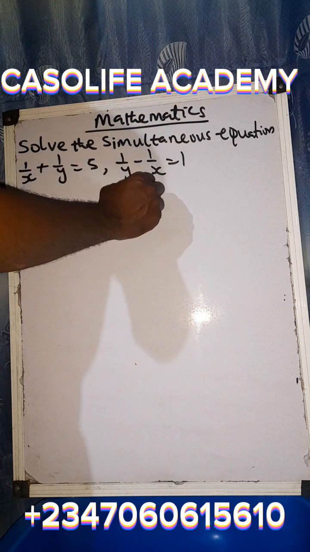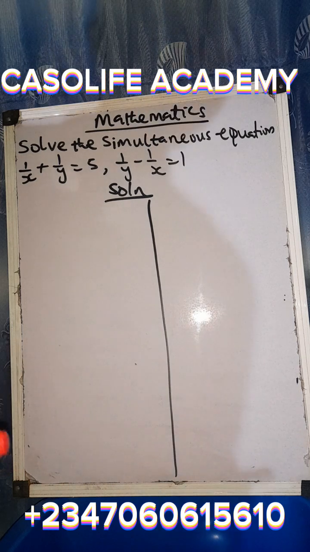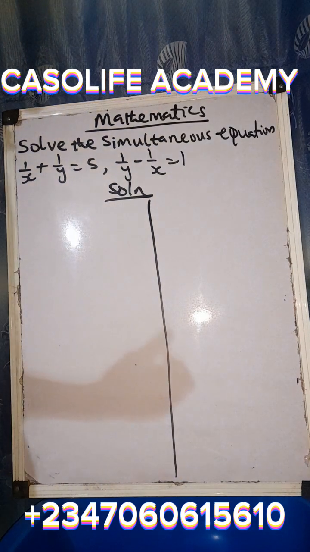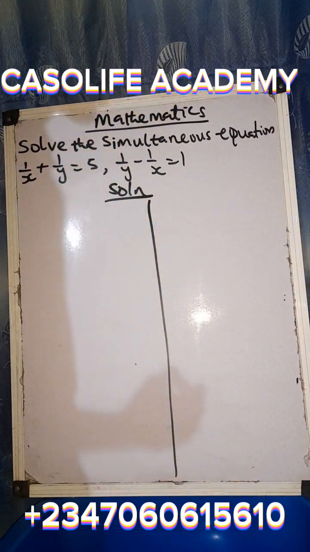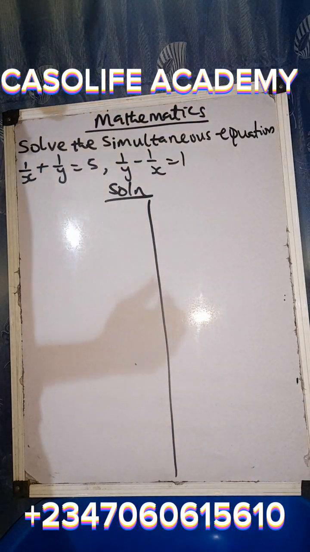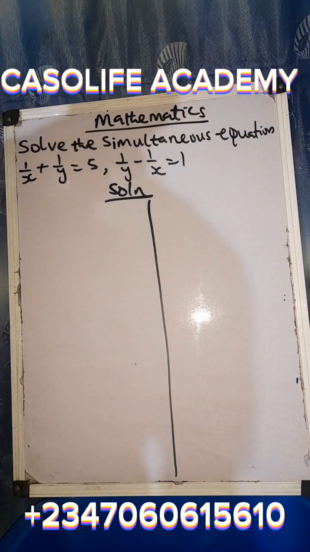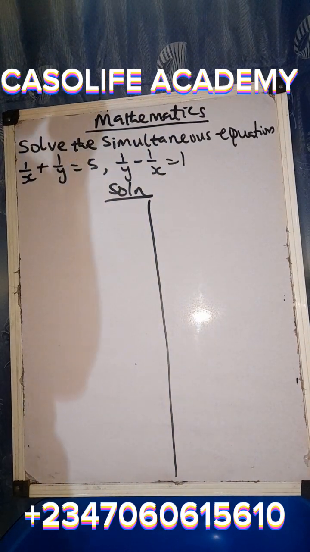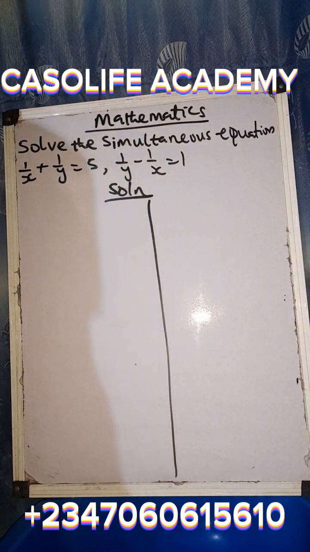I believe we know about simultaneous equations. We can solve it using the substitution method, the elimination method, or the graphical method. But today, I'll be looking at the elimination method. We'll be solving this using the elimination method.